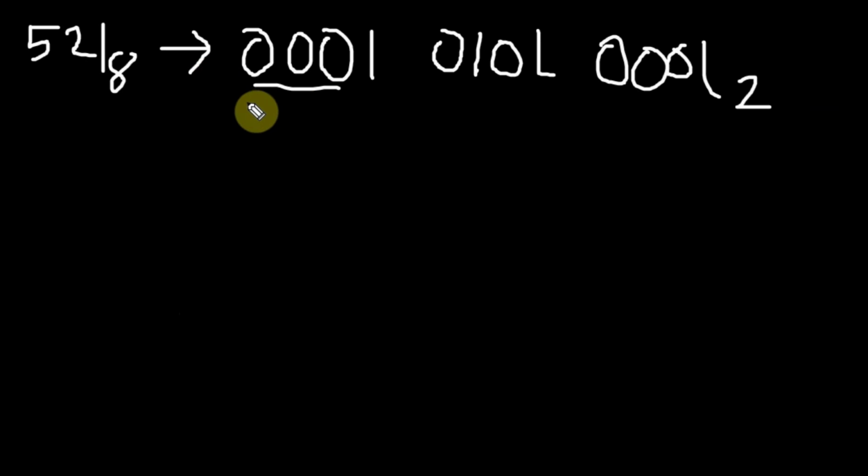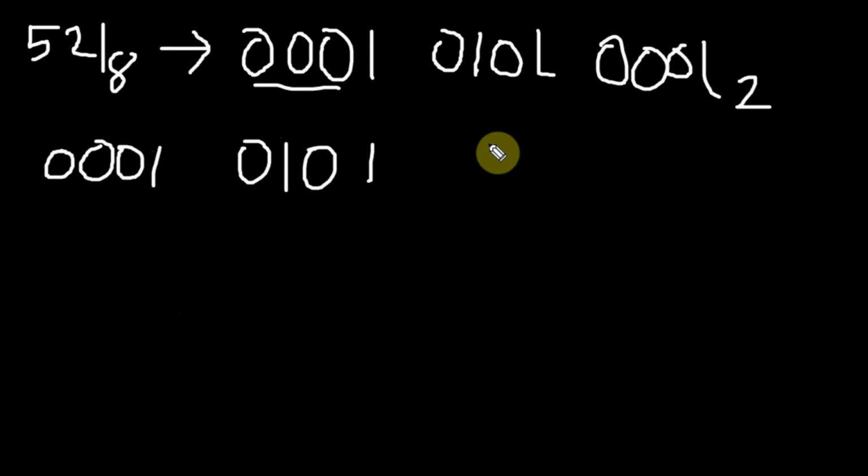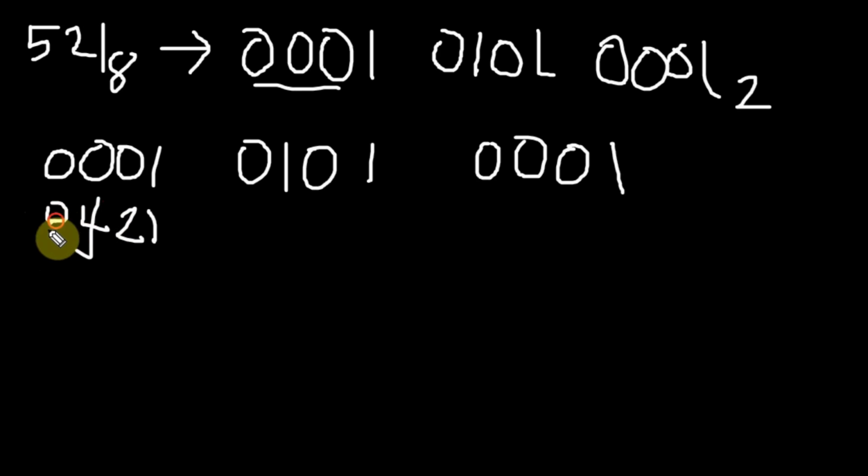If we convert it to hexadecimal, we again put the powers of 2 at the bottom. So let's write the binary first, and add the powers of 2 from the bottom, that is 1, 2, 4, 8, 2, 4, 8, 2, 4, 8.